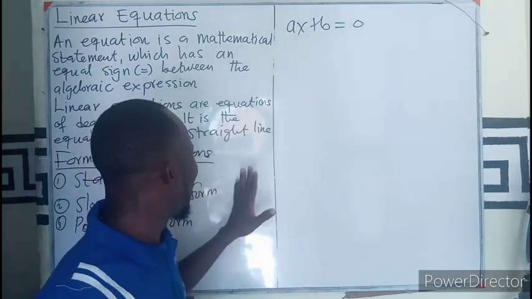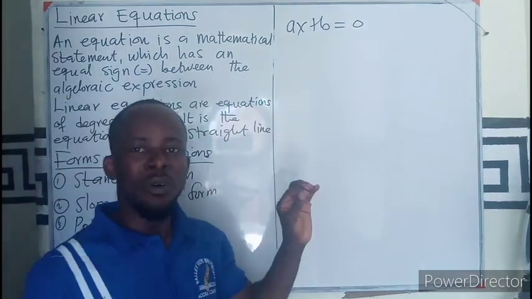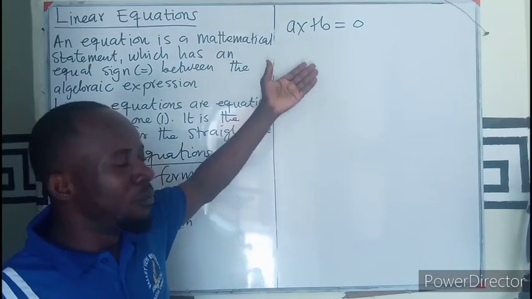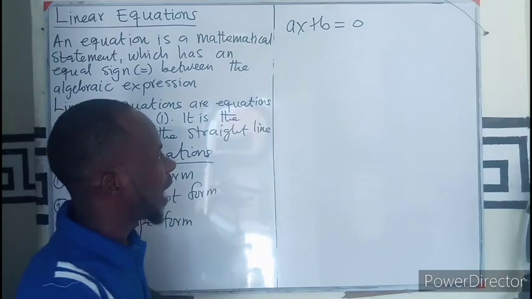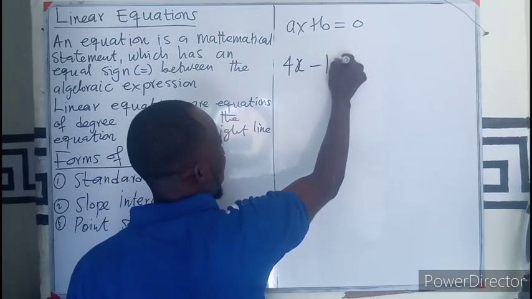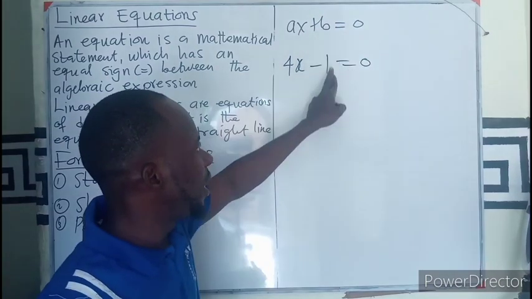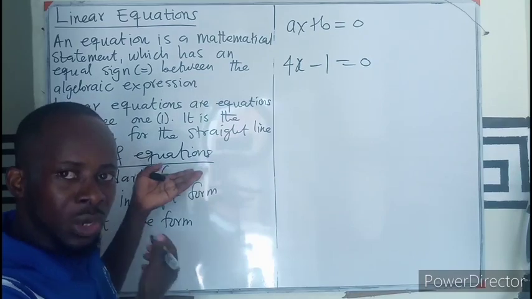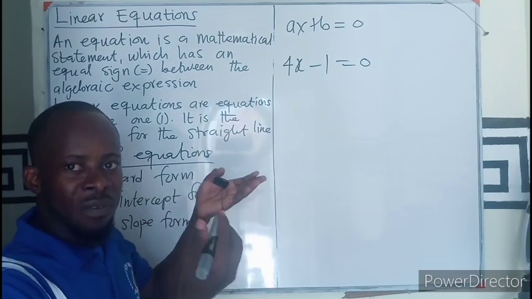So this is a standard equation involving 1 variable. I can have a to be 4, then 4x minus 1 equals 0, where b is my minus 1. So this is a standard form equation involving only 1 variable.